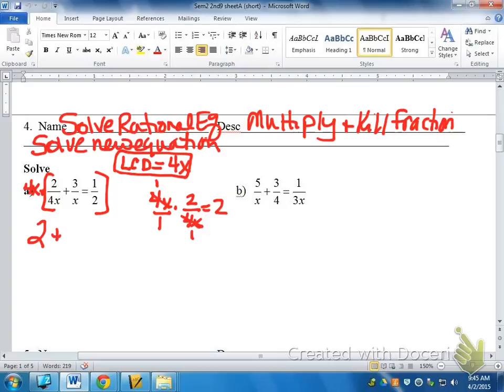Okay, plus, let's take 4x times 3 over x. So my 4x is over 1. Can I cancel anything? Just the x's. So I'm canceling that x and that x. And since that's it, what's my result there? 12.